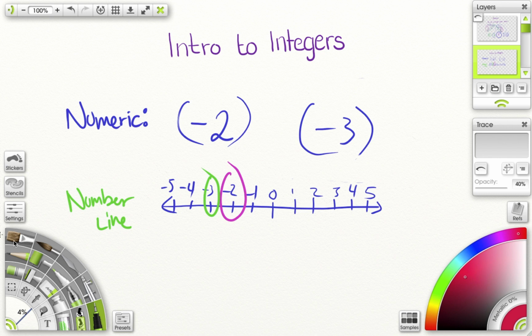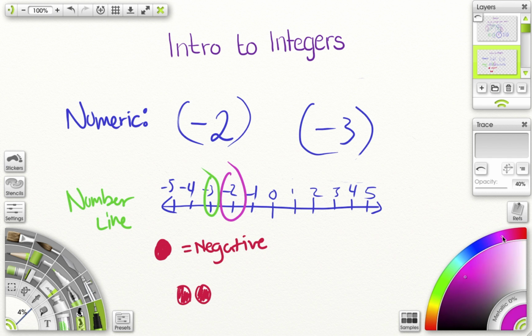This is similar, except right now you have colored counters, and the colors matter. Red counters mean negative. So if I'm trying to represent -2 by using counters, I would use 2 red counters.